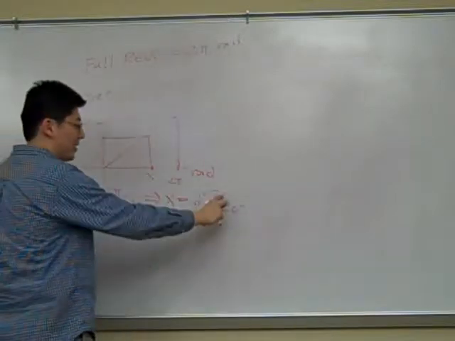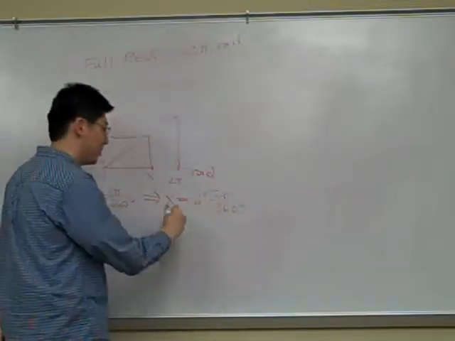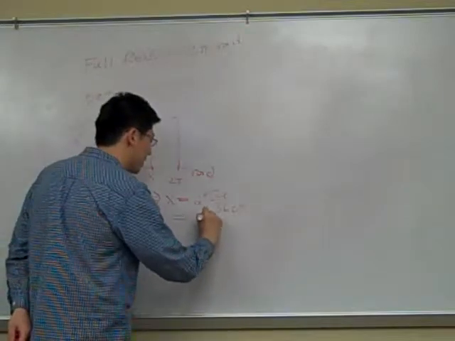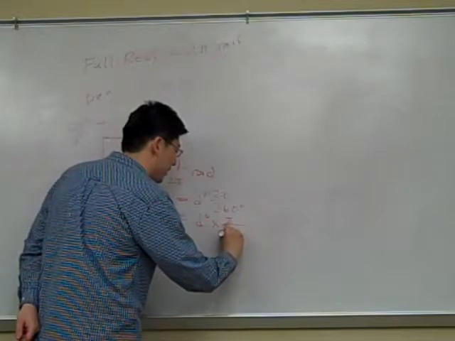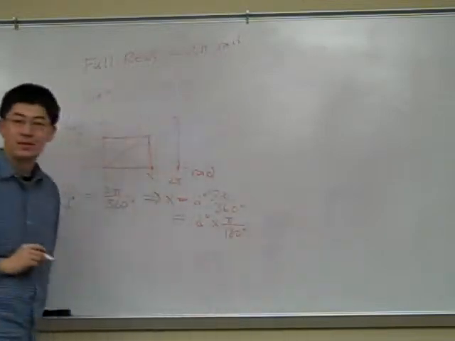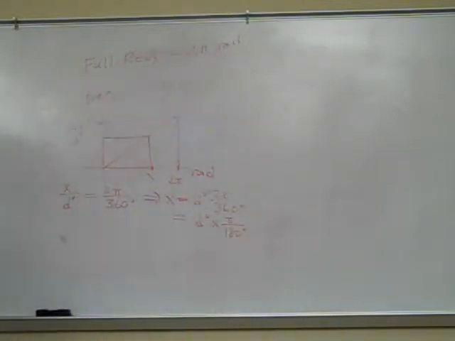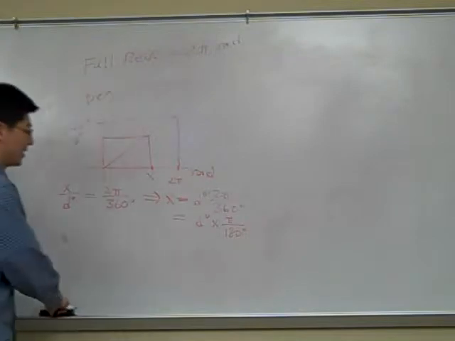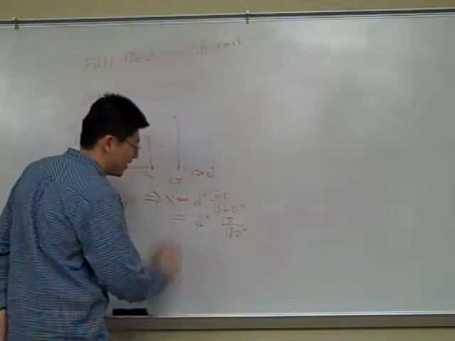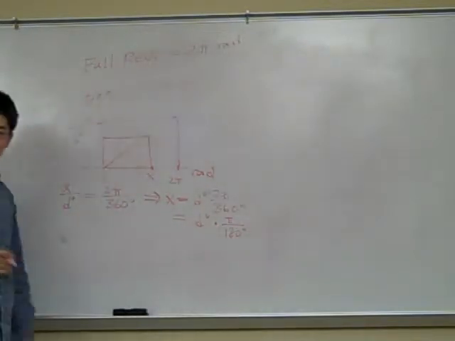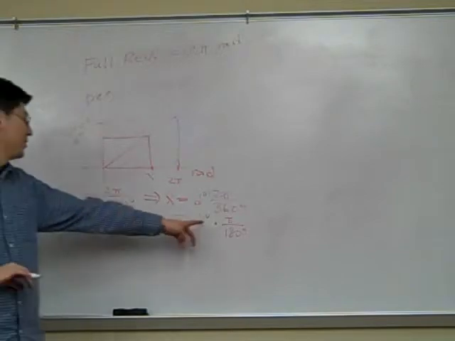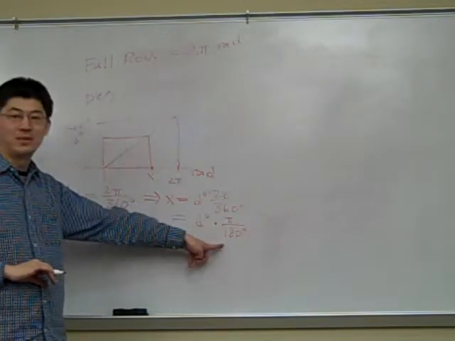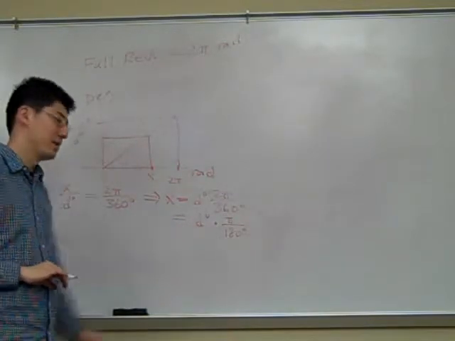But the 2 and the 360 cancel a bit, so we can simplify that into just d degrees times pi over 180 degrees, right? Okay, that's pretty simple. That's not an x, that's multiplied. So if I have any kind of degree and I want to convert to radians and vice versa, I can just use this conversion factor of pi radians and 180 degrees.